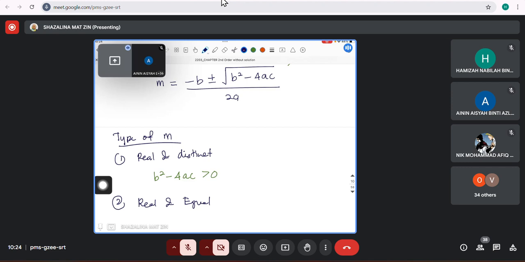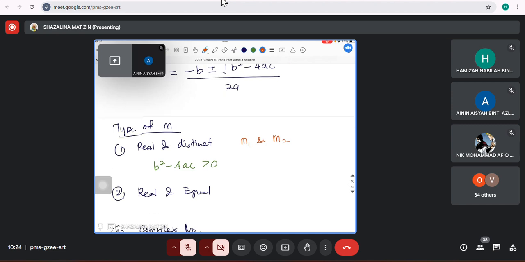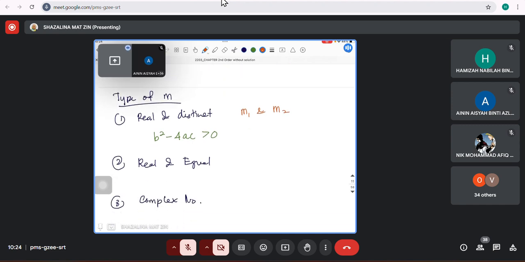That means you have two values of m, m1 and m2. For real and equal, b squared minus 4ac becomes 0. So we only have one value of m.